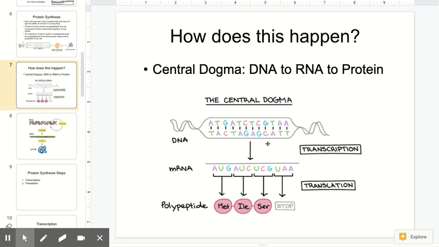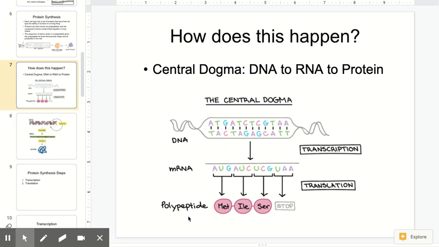By taking that information from the DNA, storing that message in what is called messenger RNA, and then taking that message and translating it into a protein or a polypeptide. So DNA to RNA to protein or polypeptide. That is what we call the central dogma.